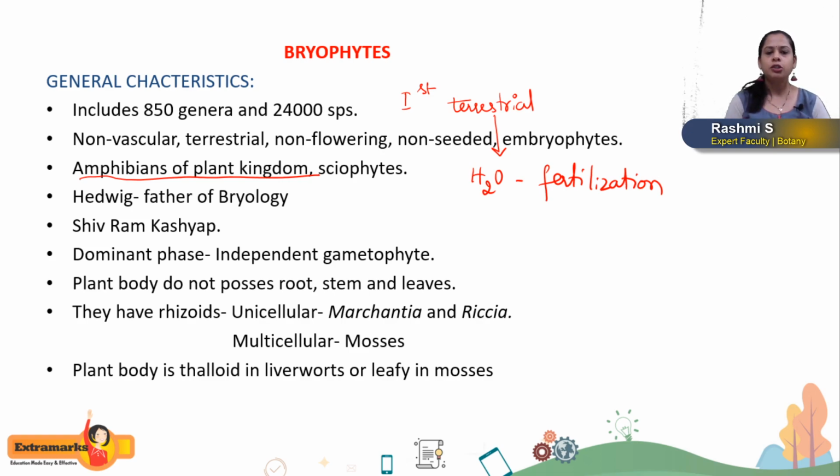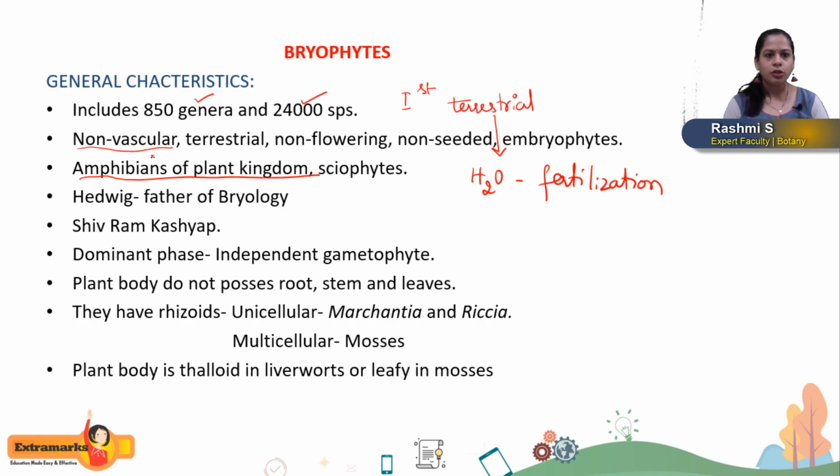This is a very small group of plants which includes 850 genera and 24,000 species of plants. All the plants which belong to bryophytes are non-vascular, just like algae.